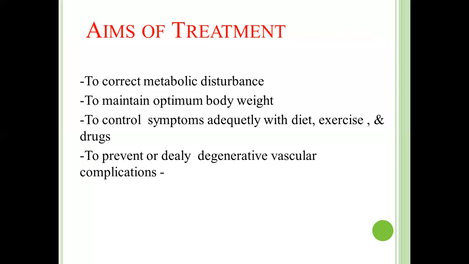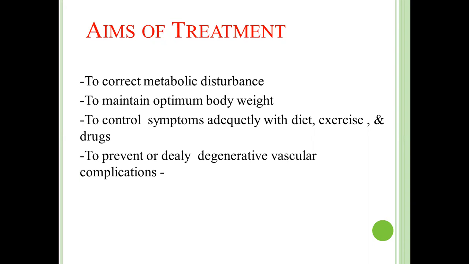Then the next point, the aims of treatment: how to treat this diabetic patient. The aims are, firstly, to correct the metabolic disturbances, to maintain the optimum body weight, and to control the symptoms adequately with diet, exercise and drugs.